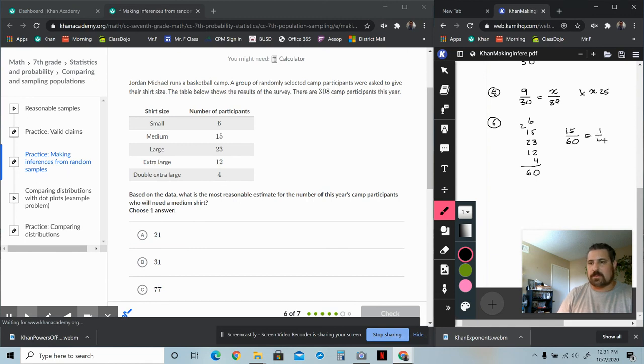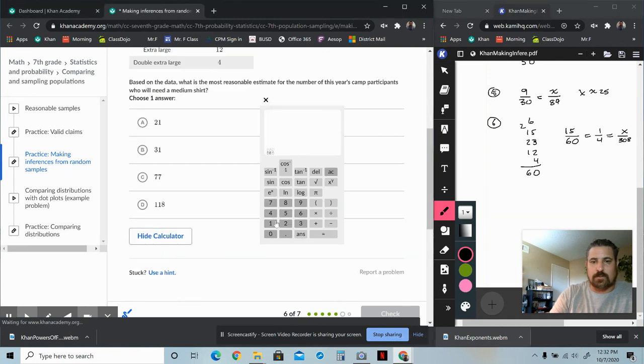So basically 1/4 of the group, and the group is 308 campers, are going to wear a medium shirt most likely. So you just multiply by 0.25. The answer here would be 1 divided by 4, which is 0.25. And then you multiply that by the number of campers, which is 308, or 1/4 of 308, which is 77. So that's how many people probably need a medium shirt.